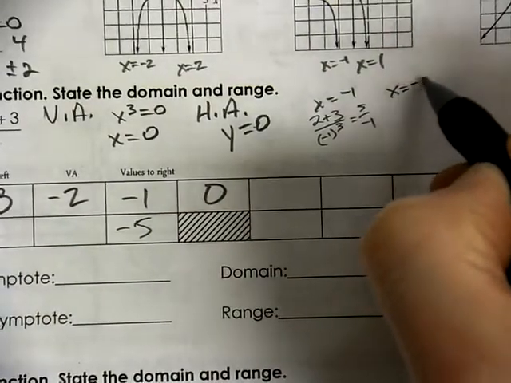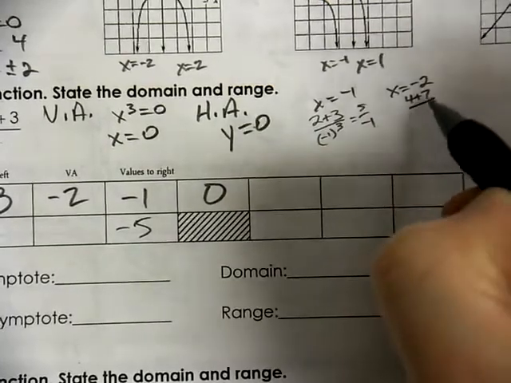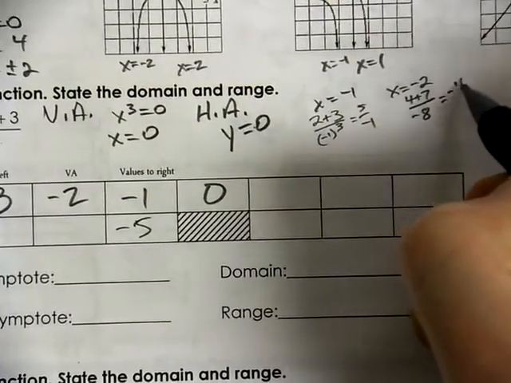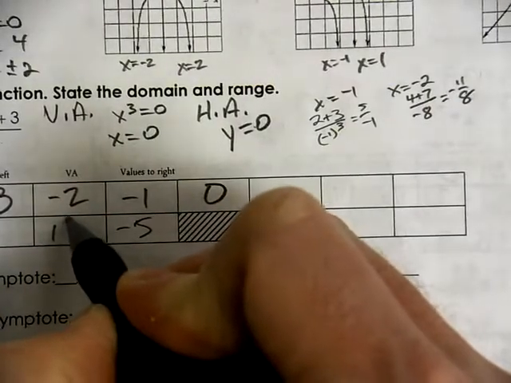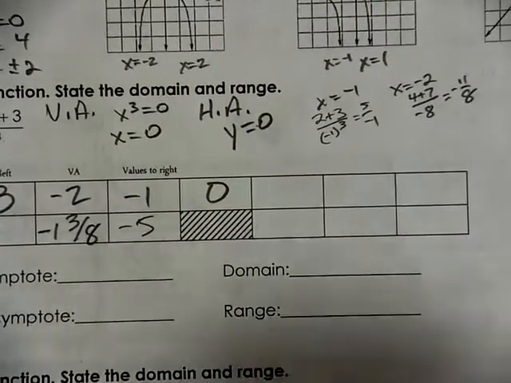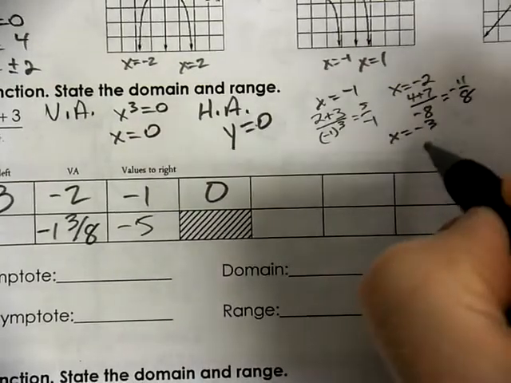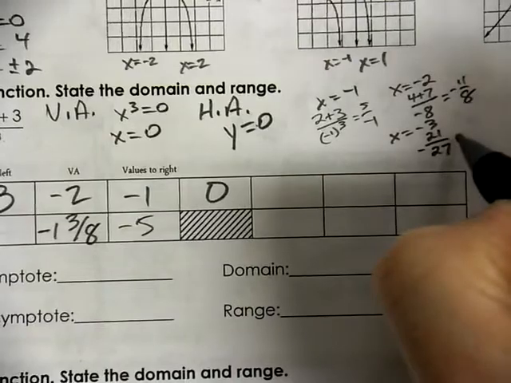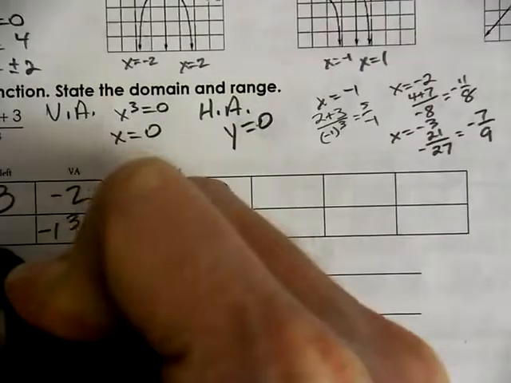When x equals negative 2, we're going to get 4 plus 7 over negative 8, which gives us negative 11/8, or negative 1 3/8. When x equals negative 3, we get 21 over negative 27, which can reduce to negative 7/9.